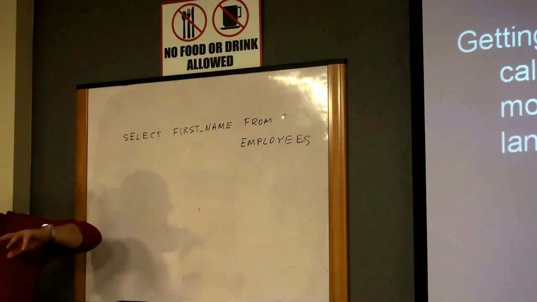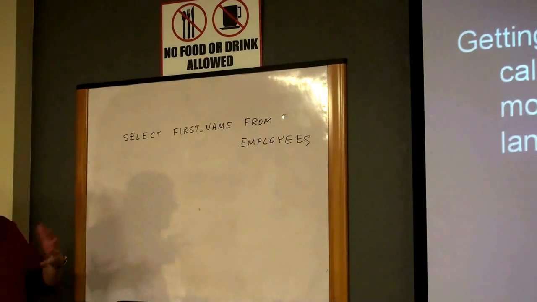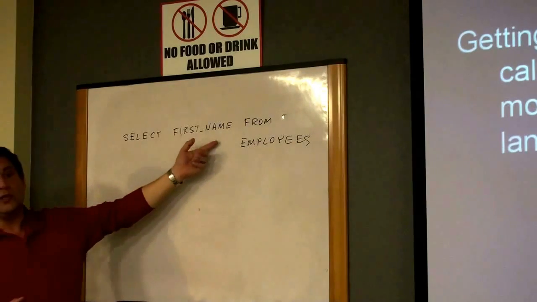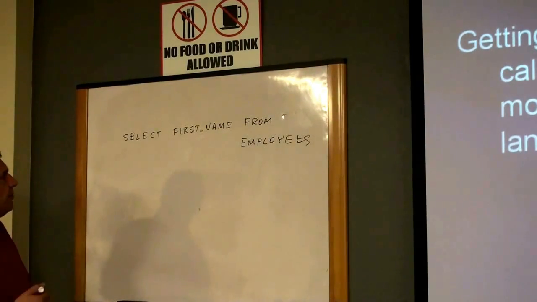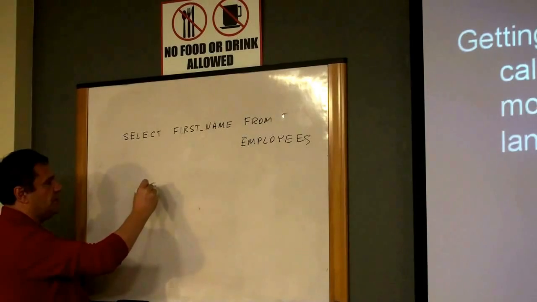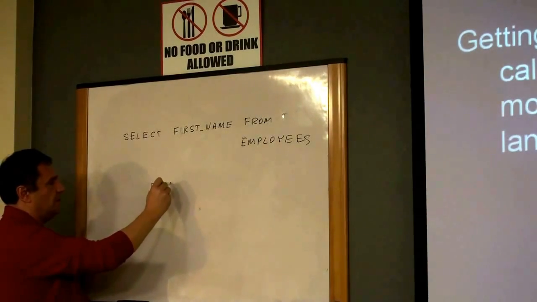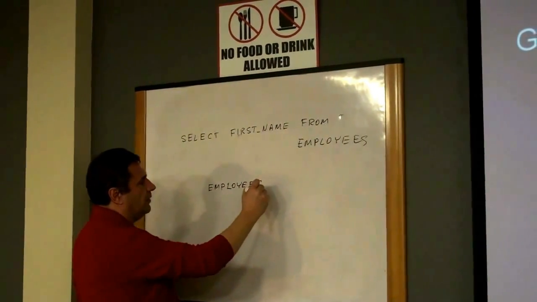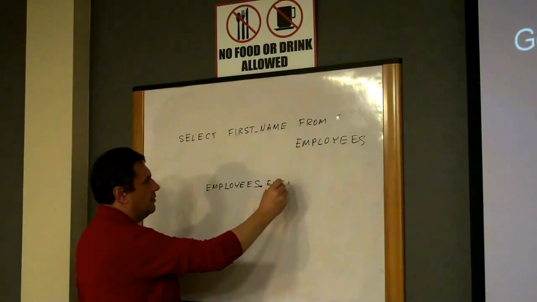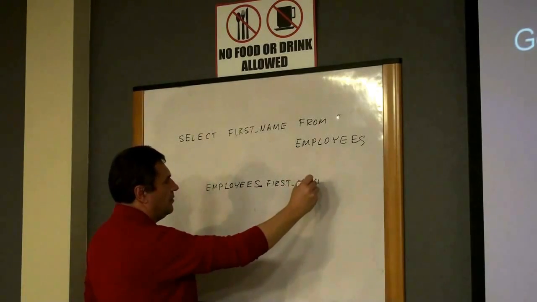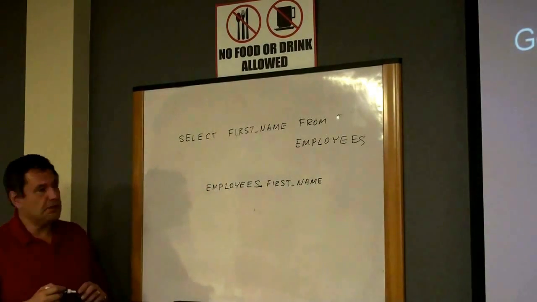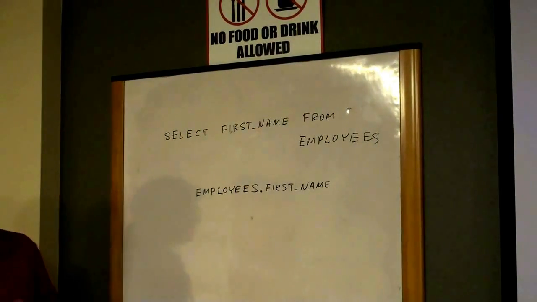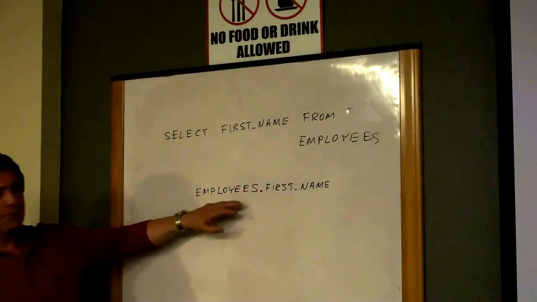But when we use several tables, for example job history, whatever table, we cannot guarantee that. For that reason, we have to use so-called fully qualified names. Instead of saying first name, I have to use employees dot first name. In that case, there will be absolutely no doubt that we are talking about first name from the employees table.